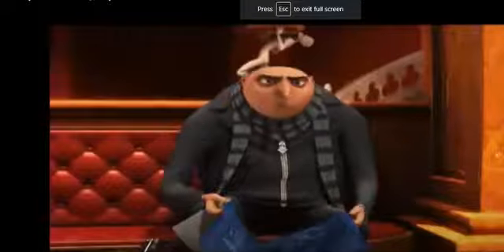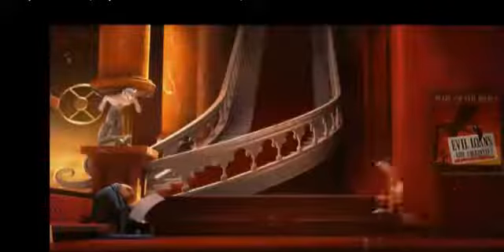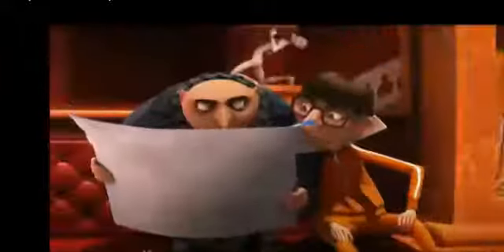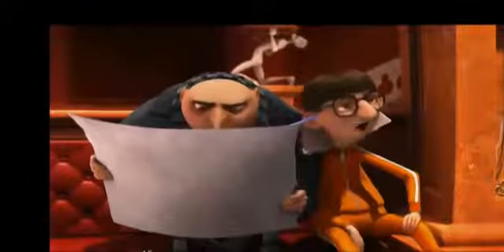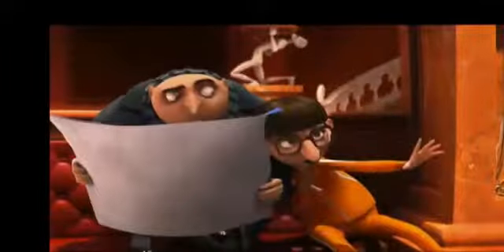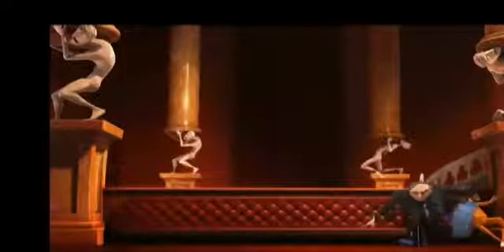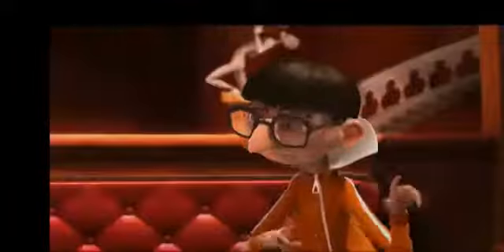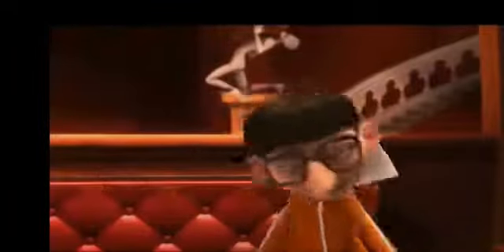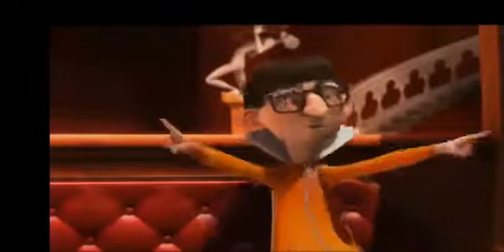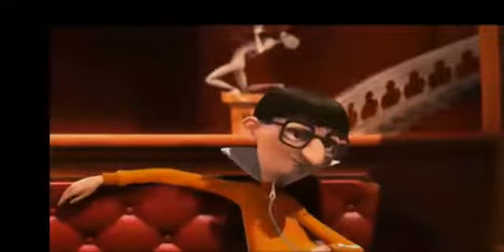Hey. I'm applying for a new villain loan. Go by the name of Vector. It's a mathematical term, a quantity represented by an arrow with both direction and magnitude.